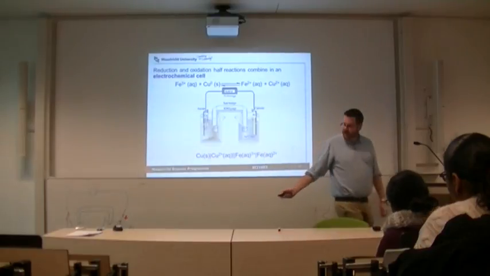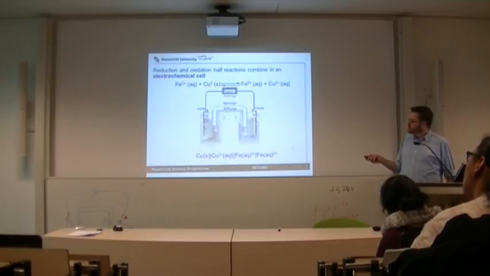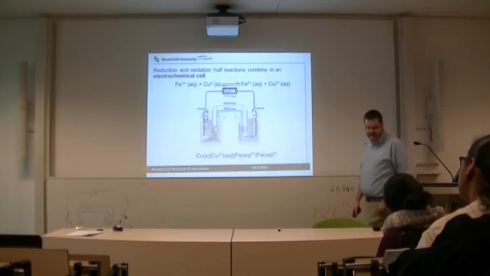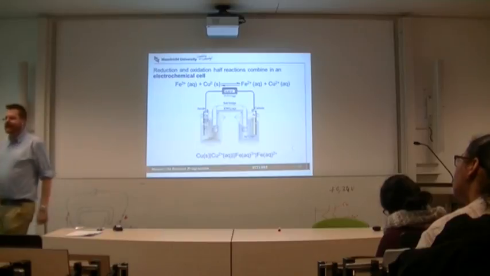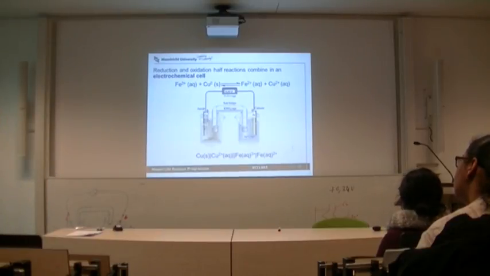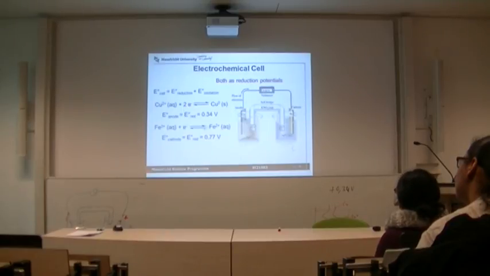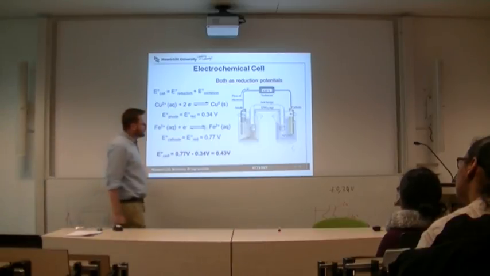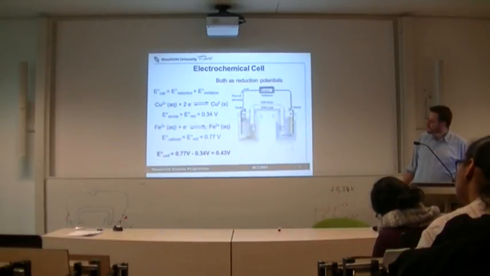We can build it up in that way, like I've shown there, by a combination of metals, or I can build it up like I've shown here, where I have a platinum electrode, which is essentially inert. It doesn't really do anything, but in the solution, I have ions. So the electrochemical process takes place in solution. All right. So we can calculate the potential associated with this specific electrochemical cell here.